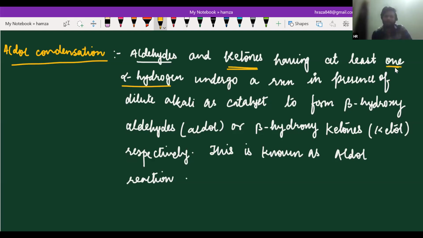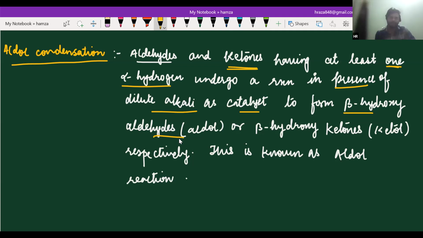If there is more than one alpha hydrogen, that is okay, but at least there must be an alpha hydrogen. And this reaction we do in the presence of dilute alkali as catalyst to form beta hydroxy aldehyde.